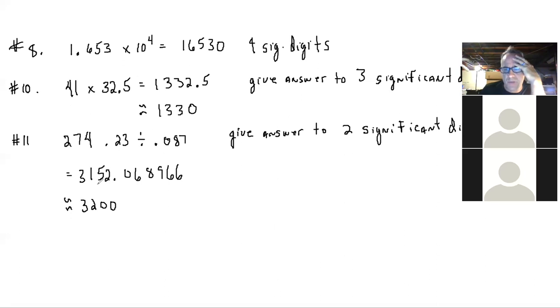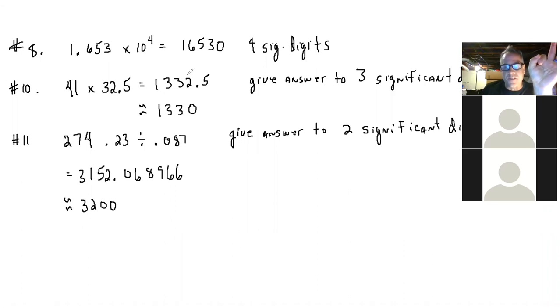So the question is, how do I round? How do I give the answer so that it only has two, and is as close as possible to this? So like here, it's not so much I'm getting rid of them per se, as much as when I look at this and I start counting significant, significant, significant, that's three significant digits.